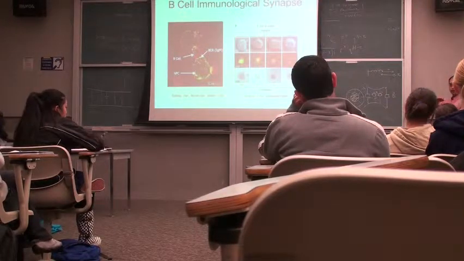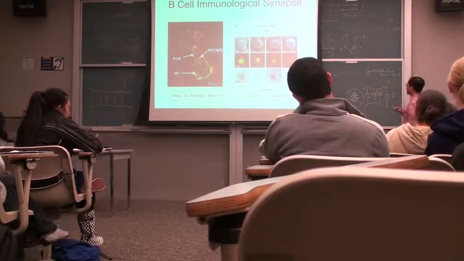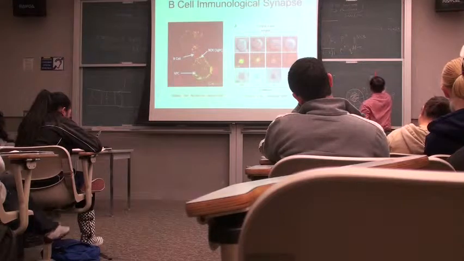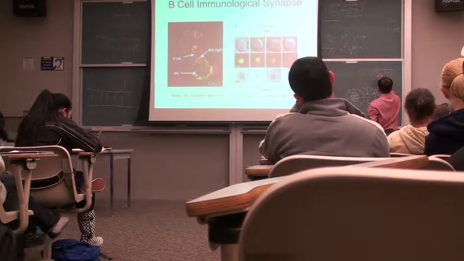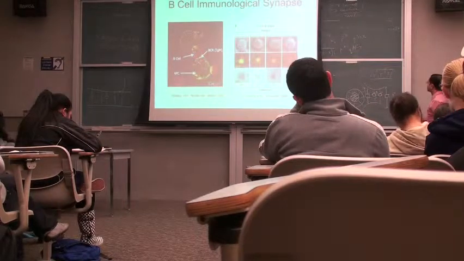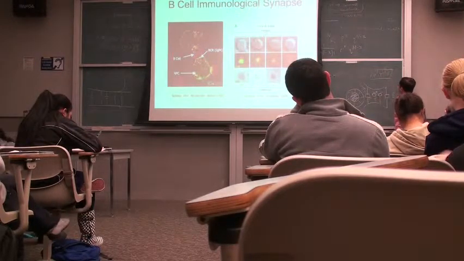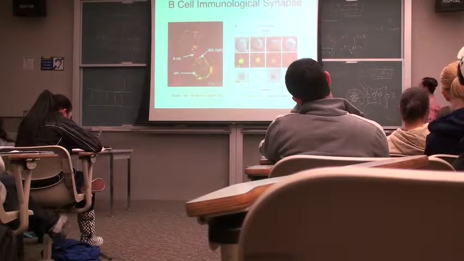The cell surface is 2D, so the simulations are done on a 2D surface. On a 2D surface, there's a bunch of molecules, and they diffuse both in X and Y.